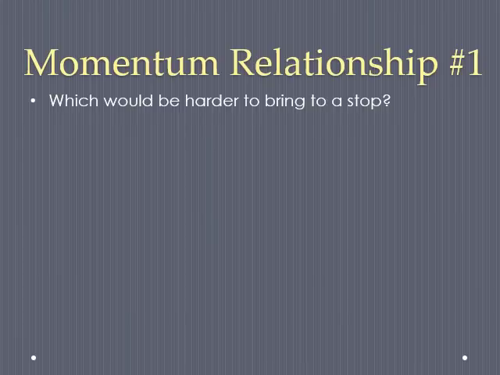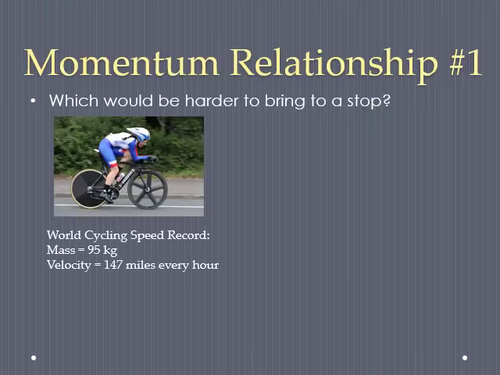So we're going to spend a few slides deriving the relationships that make up the momentum equation. And I think this should be pretty logical to you when you think about objects and how hard it would be to bring them to a stop. So for example, which of these two objects do you think would be harder to stop?